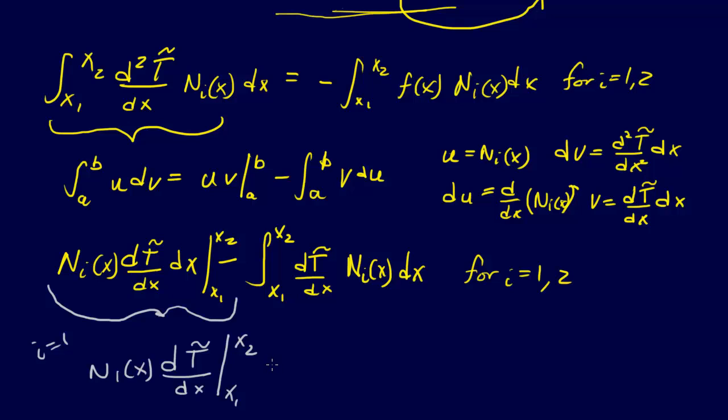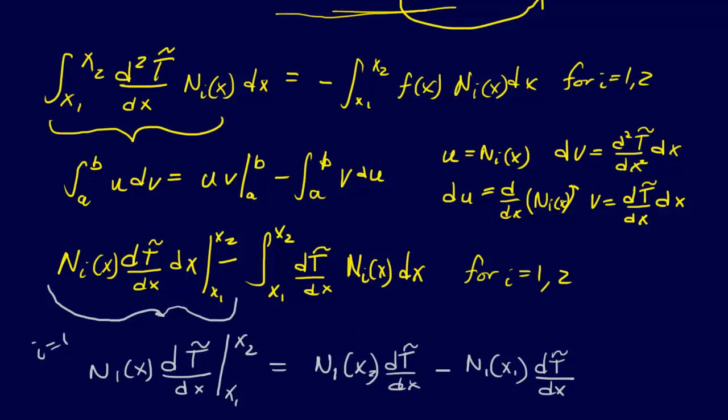That should be equal to N1 of x2 dt squiggly dx minus N1 of x1 dt squiggly dx.